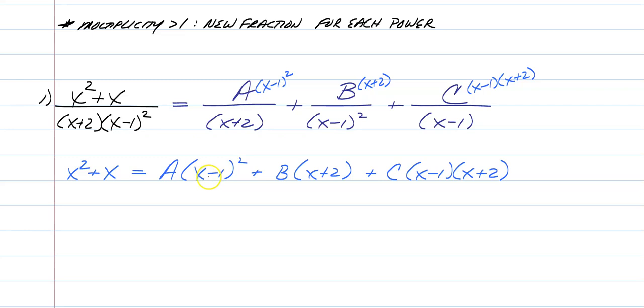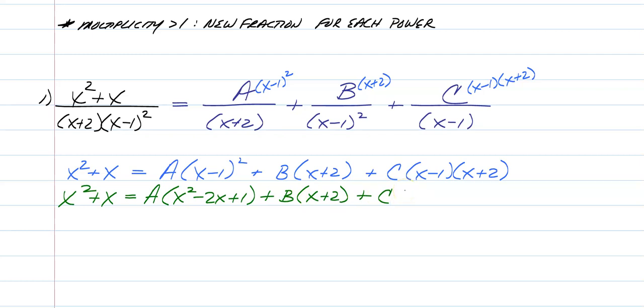So you want to FOIL x minus 1 with itself because we are squaring the whole thing. That's going to give you x squared plus x is equal to a times x squared minus 2x plus 1, plus b, plus c, and now we have to FOIL x minus 1 with x plus 2, and that's going to give us x squared plus x minus 2. For that step, all we really did was take care of all of our parentheses.